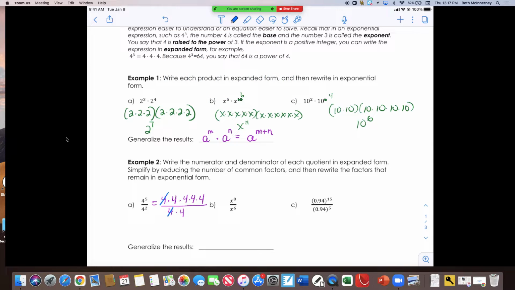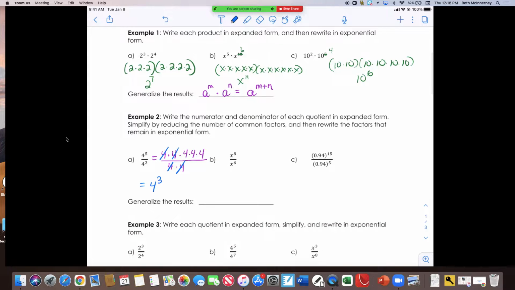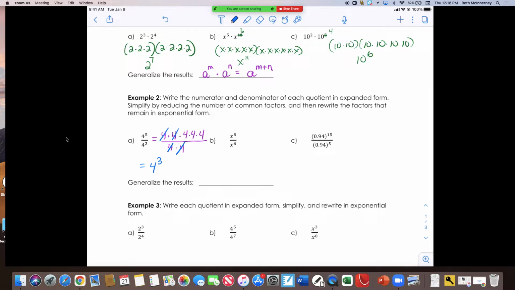I can cross out 2 sets of 4s in the top and the bottom. So that would be 4 cubed. Now, I want you to expand letter B, but don't do D because that one's obnoxious. But use your shortcut that you think you have in part C without writing all of it out. But in B, write it out.